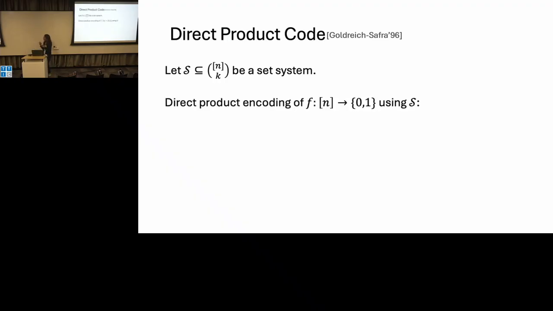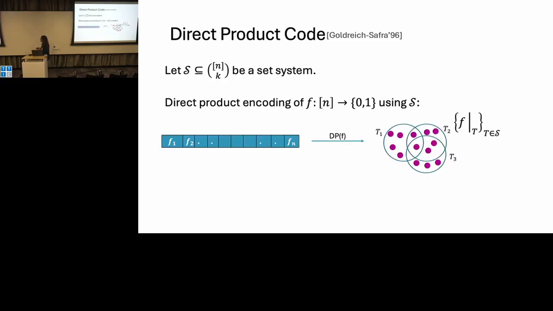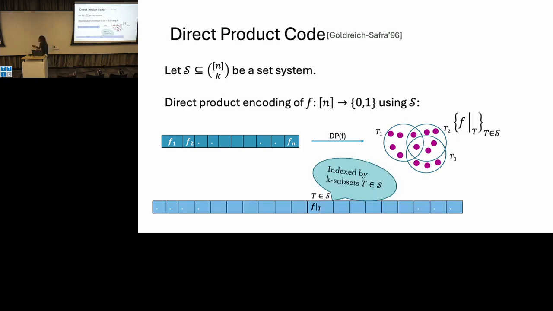Now look at any function on n bits, on the universe n to 0,1. We define the direct product encoding of this function as follows: for every set, we write down the restriction of f to that set. You can think of it as a huge table where each entry is indexed by the k-size subsets in the set system, and each location contains k bits, which are also ordered.